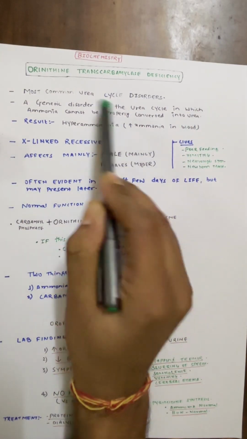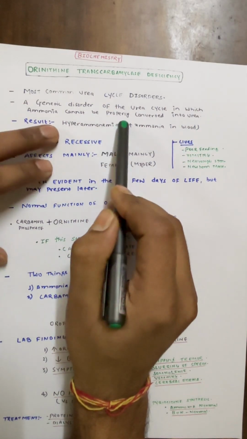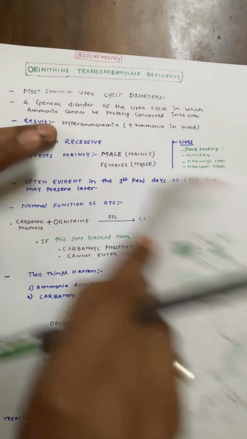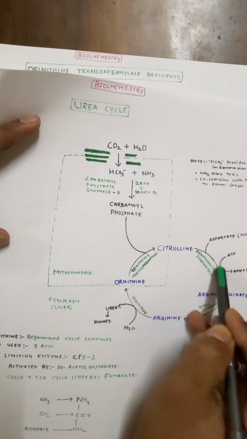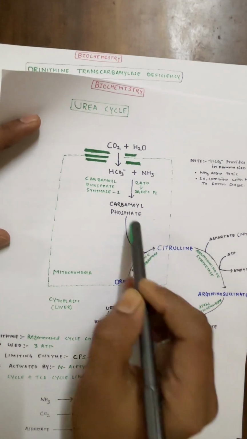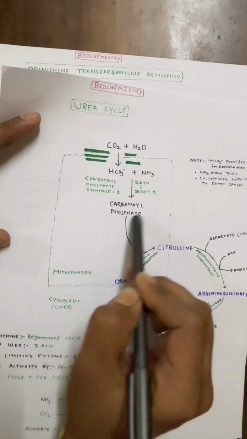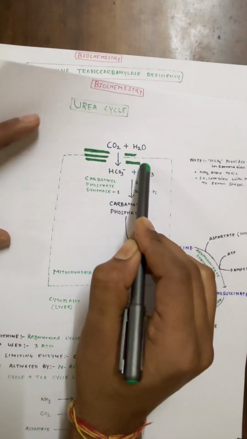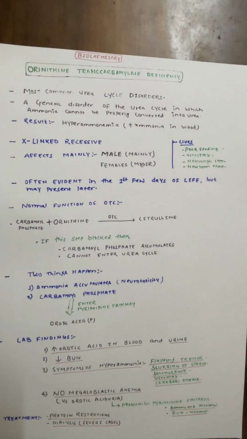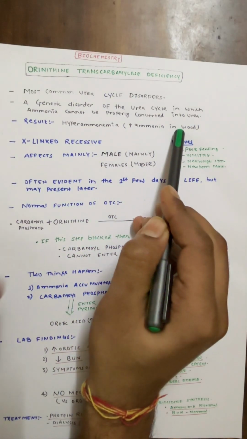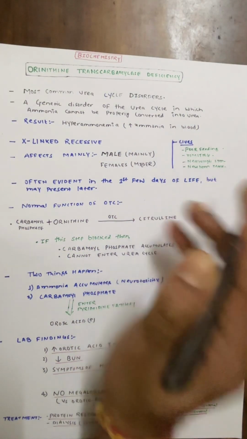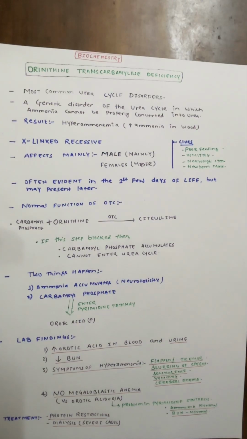So what will happen now? If this enzyme is absent, then the process will not occur further. It means the process will stop over here, then the ammonia will accumulate in the body and cause hyperammonemia-like conditions, so increased ammonia in blood. We also talked about this as one of the causes of hyperammonemia in the last lecture.